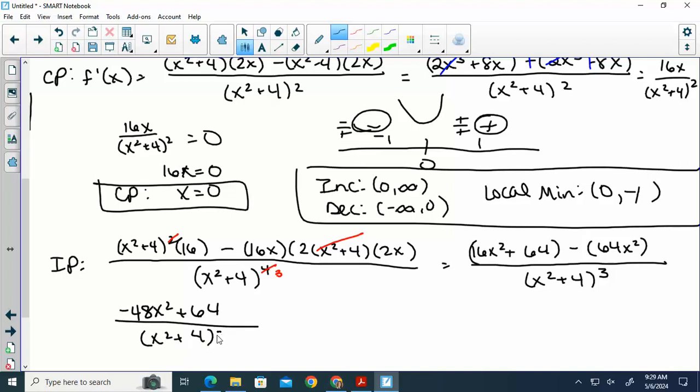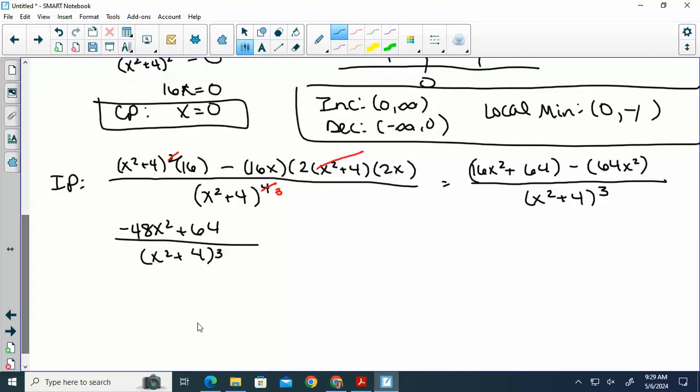Anywhere this is 0 or undefined. We already know it's not undefined because we've had the same denominator the whole time. We know that's imaginary. So we really just need to know what makes the top equal 0. So 64 over 48.